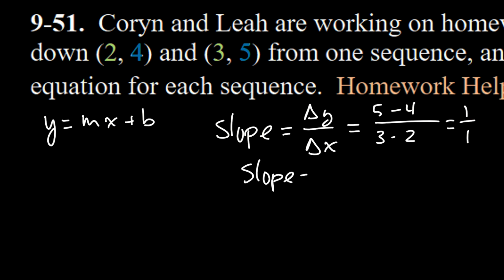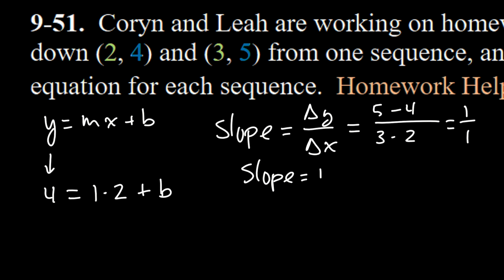Slope equals 1. Now that I know the slope, I'm going to use either one of my points and that slope to figure out what my y-intercept is. I'll use the first point. The first point had a y value of 4, so instead of y, I will write down that first y value, 4, and that's going to equal my slope of 1 times the x value, again from the first point that was 2, and then plus b.